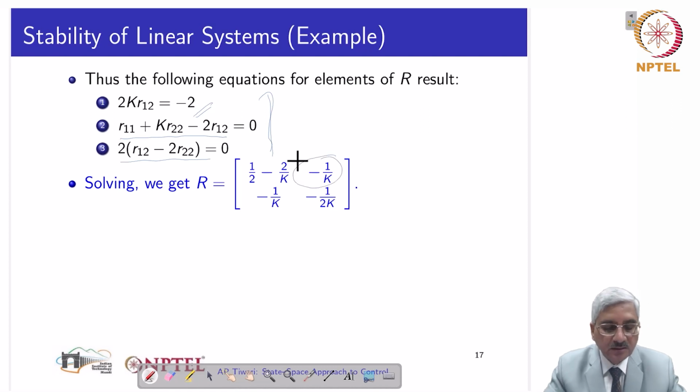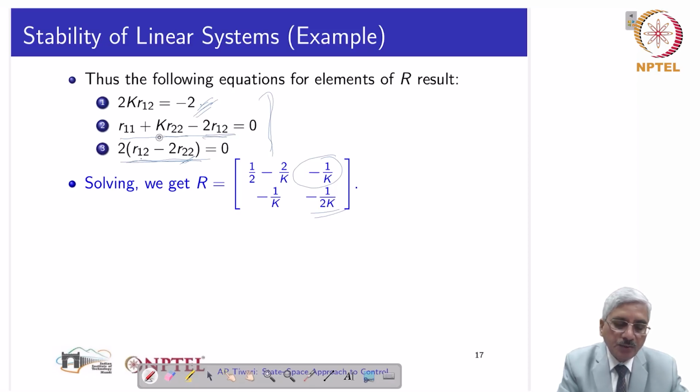In the second and third ones, we substitute R12 obtained from the first one. We get R22 as minus 1 by 2k. And that R12 and R22 we substitute in the second equation, we get R11 as this.